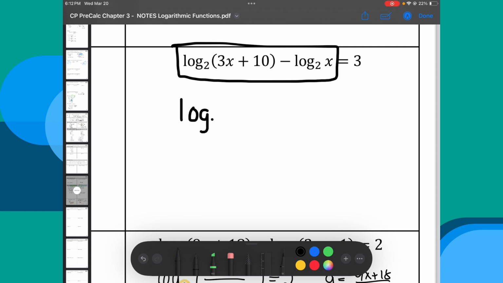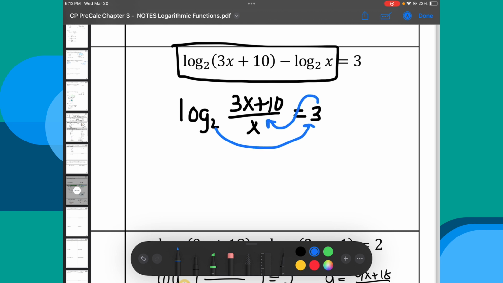So this is log base 2 of 3x plus 10 over x is equal to 3. I was able to get this down into 1 log. That's great, because now I can use rewriting in an exponent to help me. So this is 2 to the 3rd is equal to 3x plus 10 over x.